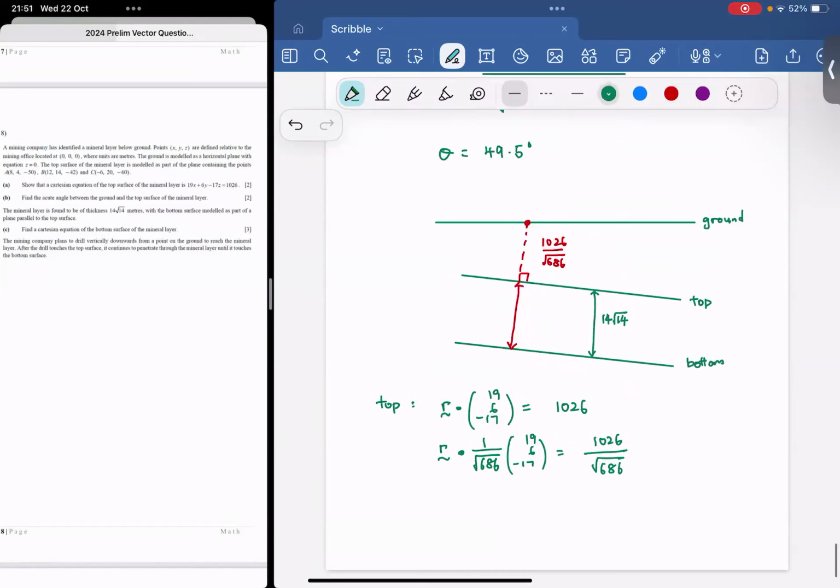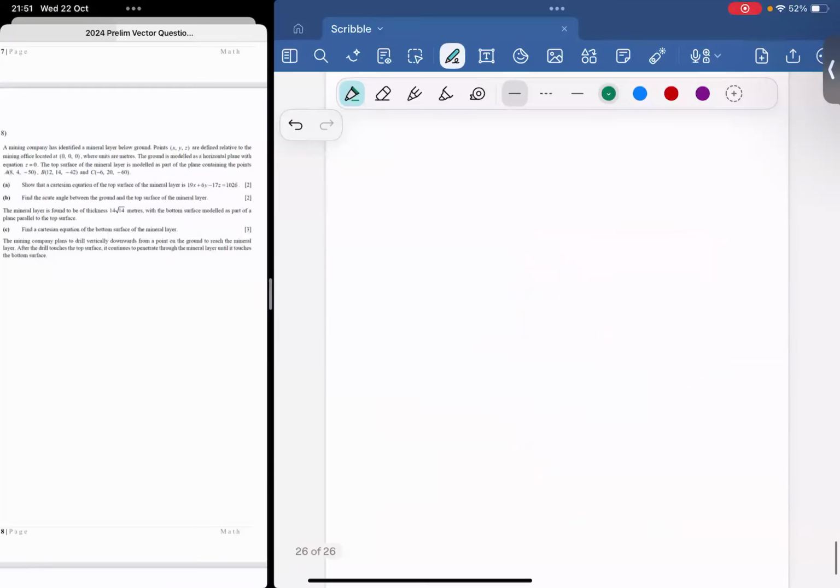So the equation of the bottom is what? It will be r dot this. Since they are parallel, it will copy everything the same. But what do you need to do now? Over here, you need to add the 14 square root 14, because it is even further away from the top surface. So a bit of math.